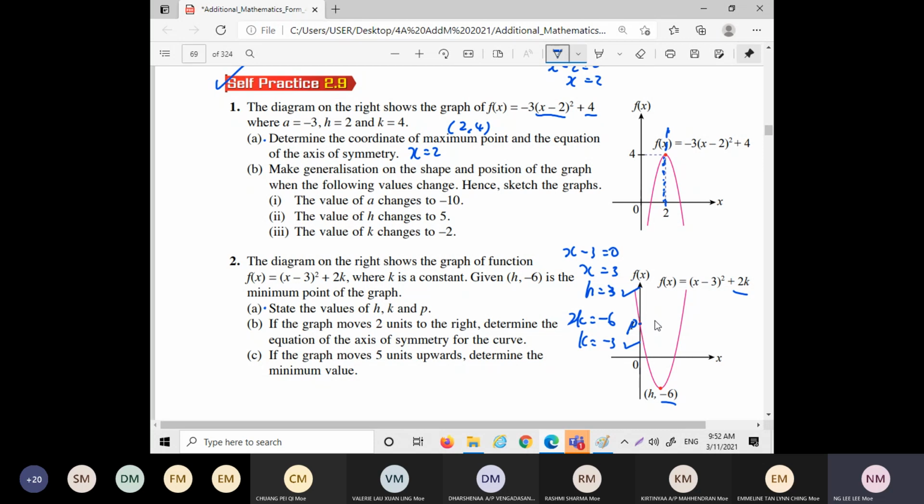So to find the y-intercept, you let x equal 0. When x equals 0, then (0 - 3)² plus 2k, which is -6, so 9 minus 6 is 3. Therefore p is 3.